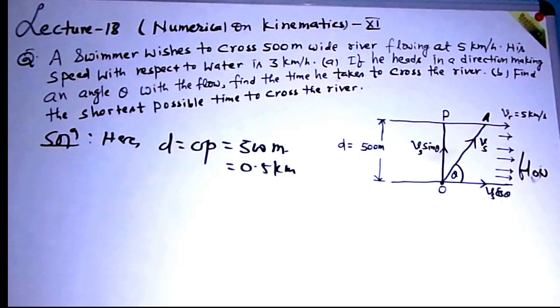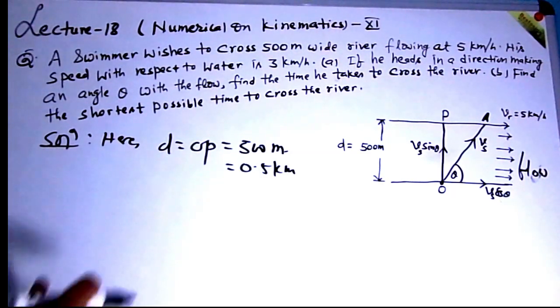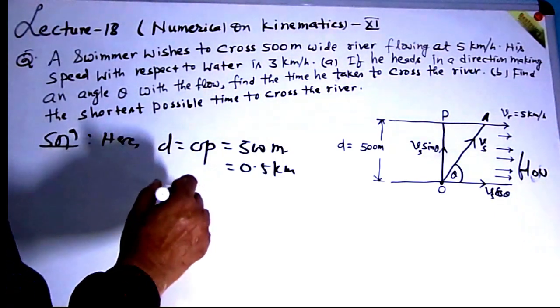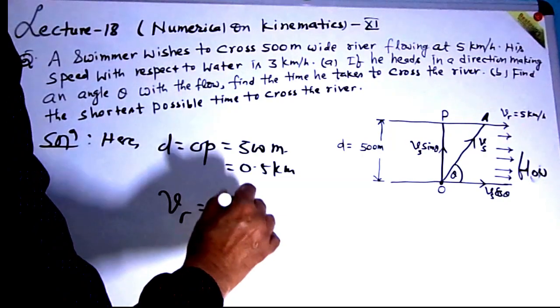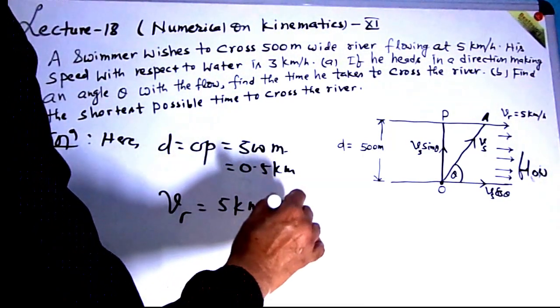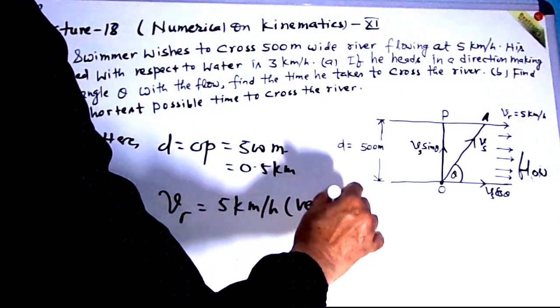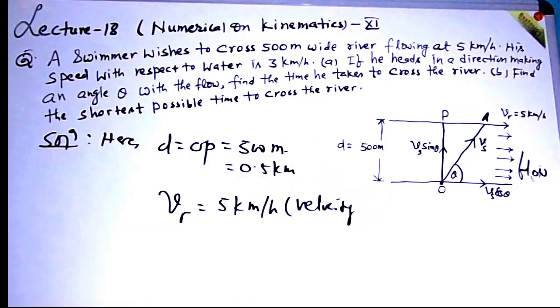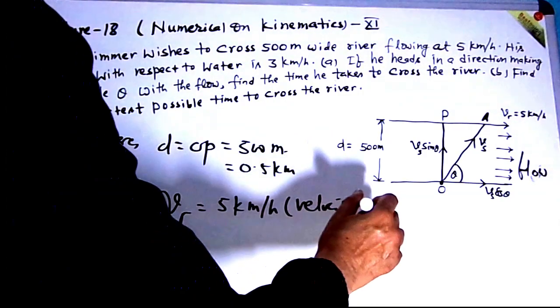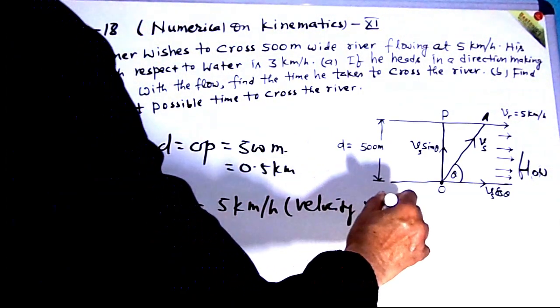Theta is the direction of the heading of the swimmer, right. The heading of the swimmer is given, the velocity of the swimmer is given, and the velocity of the river is given: Vr is equal to 5 km per hour. This is the velocity of the river, the river is flowing, and its velocity is given in the question.